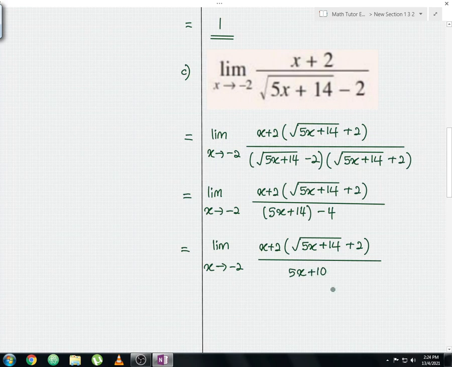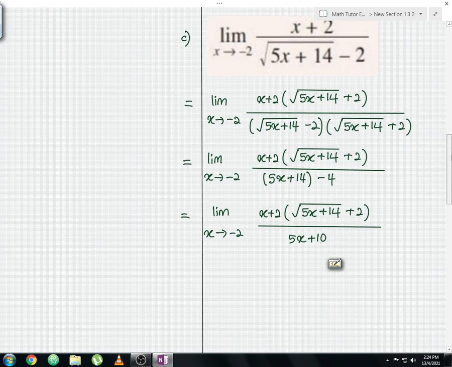Can you notice some similarity between 5x plus 10 and x plus 2? It is actually a factor of 5. When you factor out 5, you're only left with x plus 2. So in the next step, x plus 2 and x plus 2, you can easily cancel them out. I hope you understand the concept behind this.